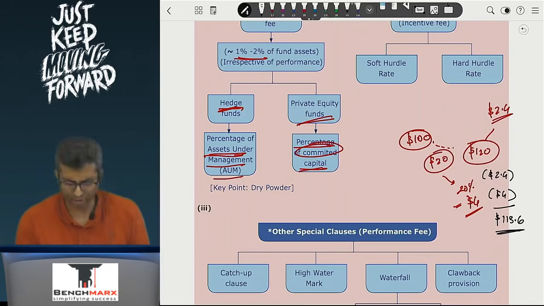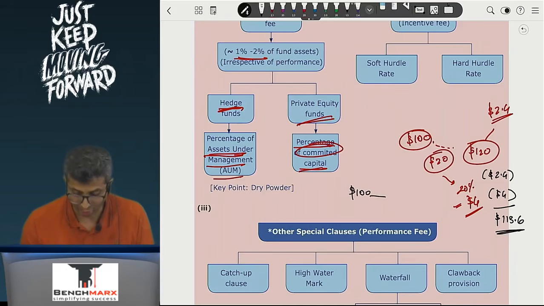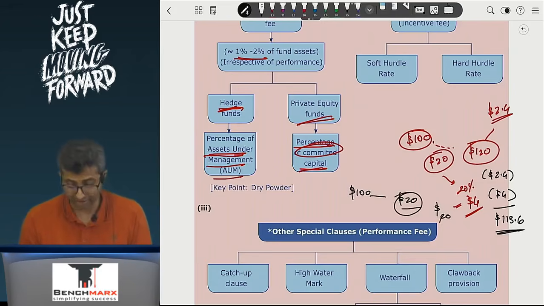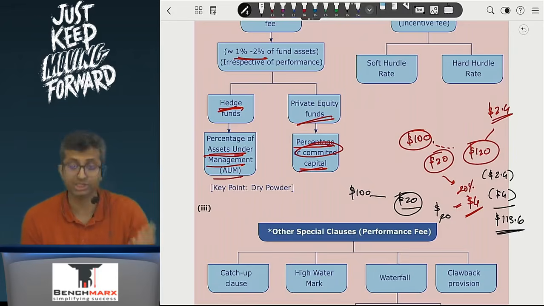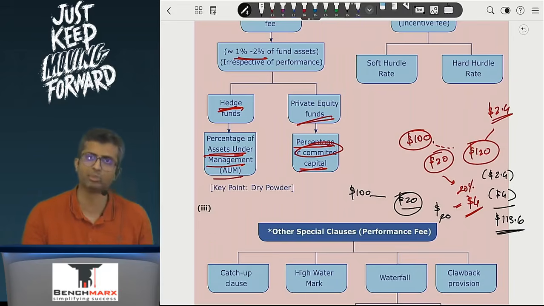So if, let's say, your fund after all of this was at $100 and then maybe you earn a $20 return, the fund comes to $120. I will not get a return on the entire 20. I will say that the earlier highest watermark that was set was 113.6, and hence any return that you are earning above 113.6, for example 120 minus 113.6, maybe around 6.4. On that 6.4, you will earn the incentive fee, assuming this is independent of the management fee.